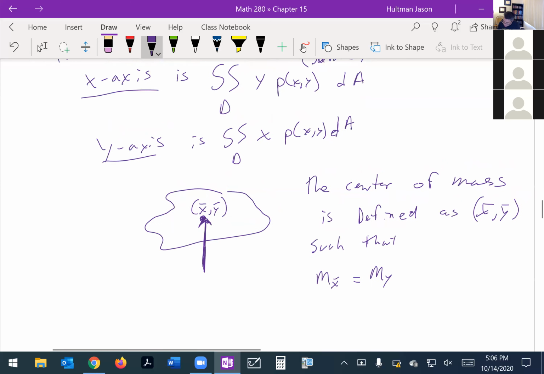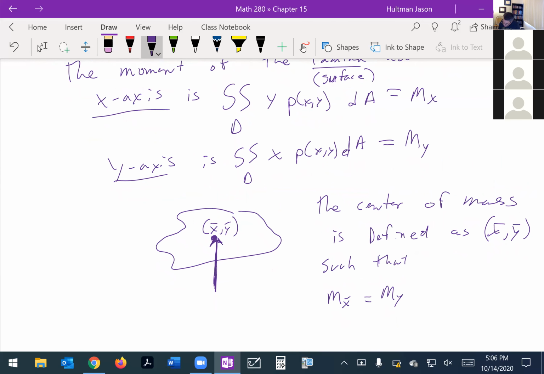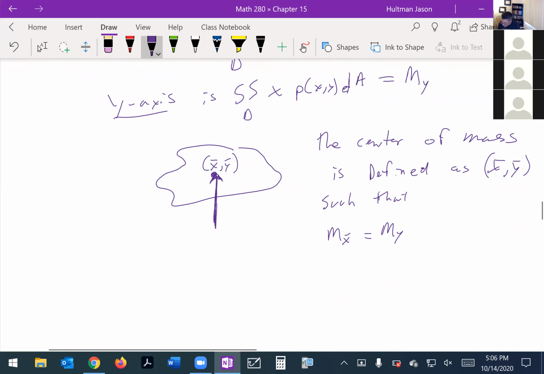Okay, which one was the moment about y? Well, it was this one here. This is the moment about y, and this is the moment about x. So again, the variables get a little confusing. The moment with respect to y bar is equal to the moment about x.